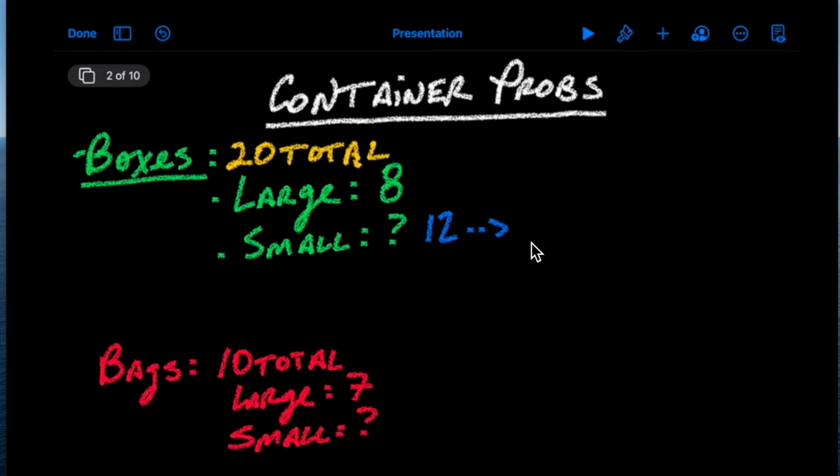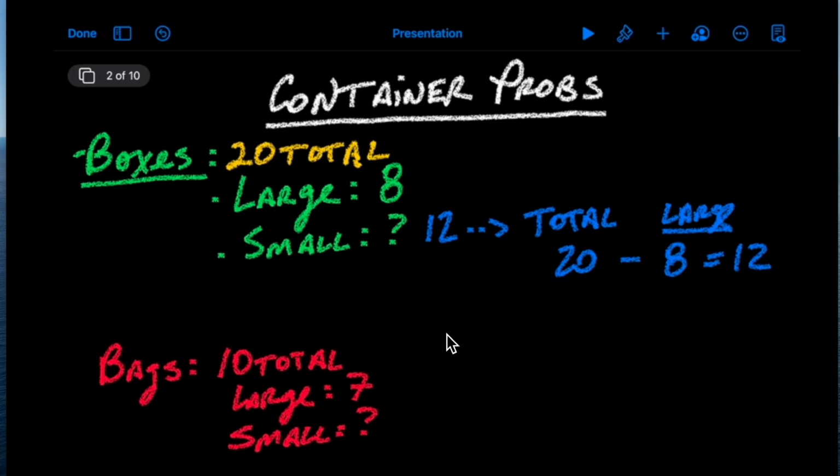Well, what you did was you took the total, which was 20, and you subtracted how many large there were, which was 8, and that yielded 12. Similarly, if I told you we had 10 bags and they were either large or small bags, 7 of them were large, and I asked you how many were small, you would take the total, which is 10, you would subtract the number of large, and that would give you 3.